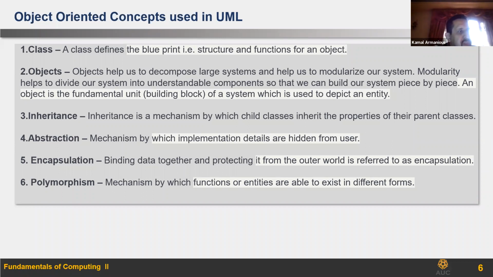And the name implies that the child class inherits some or all of the functions and the attributes that exist in the parent class. And what we have taken so far is public inheritance.